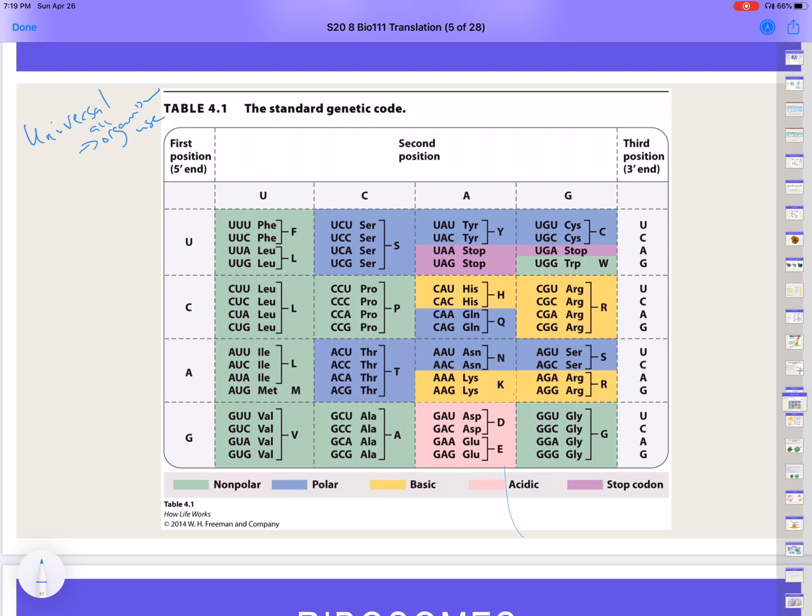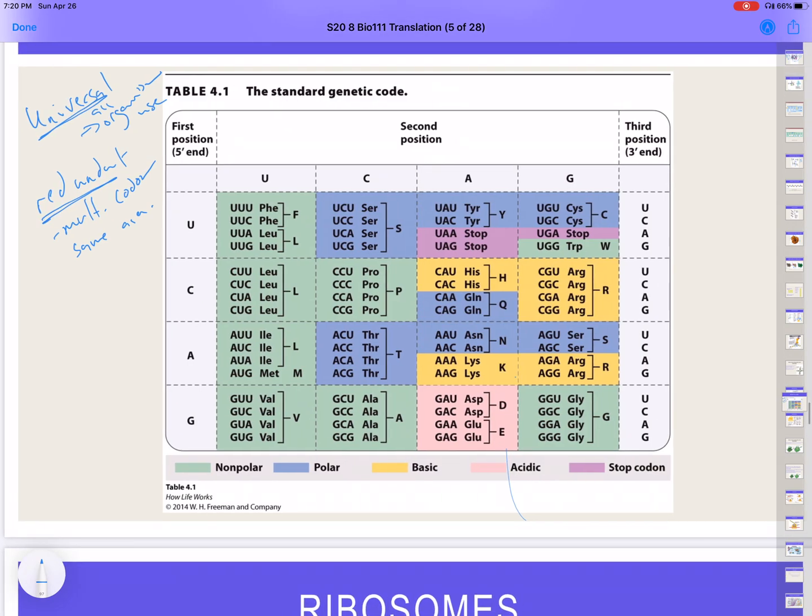The other thing is that it is redundant, such that multiple codons can code for the same amino acid. So it's universal, it's redundant, but it is not ambiguous. I can't spell this.